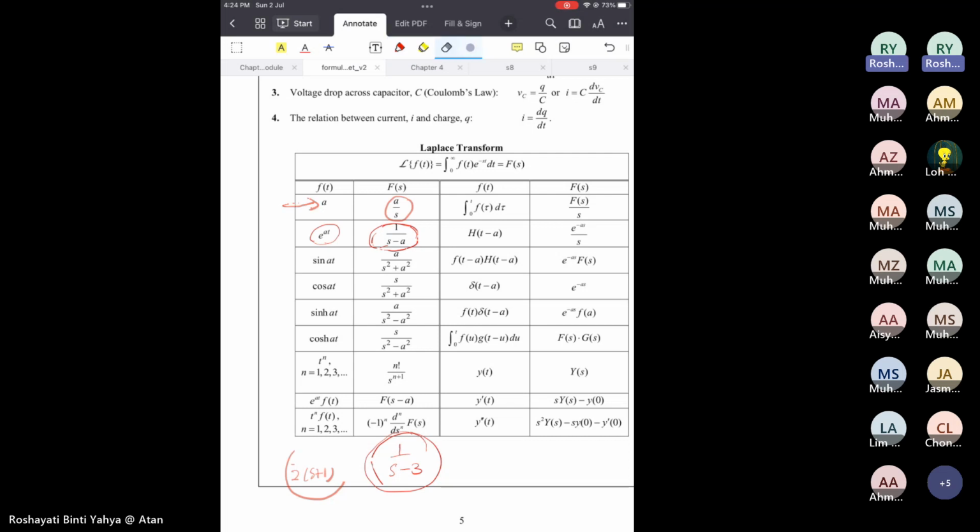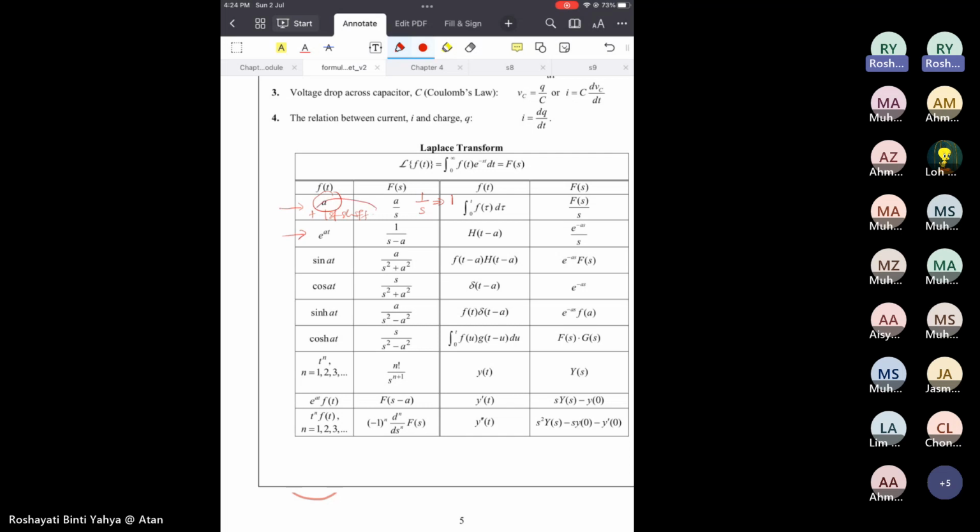Is there any other method? Use this for the first one, and then for the second, use this plus the first shift. You can also get the same answer. If you use 1 over s, you will get 1.